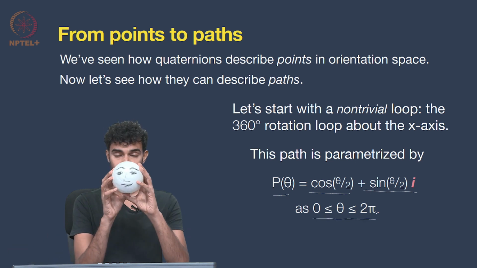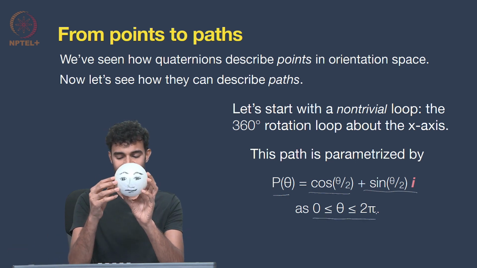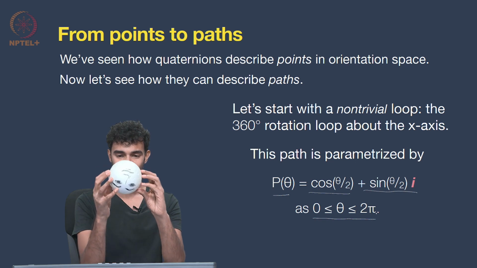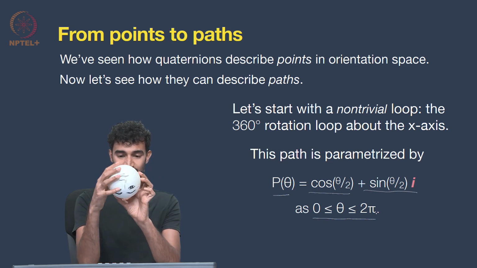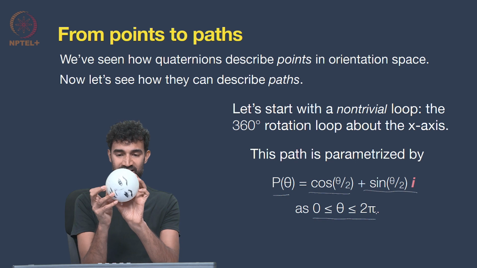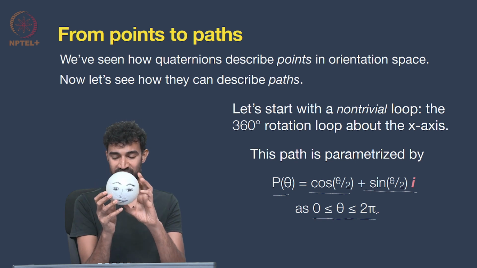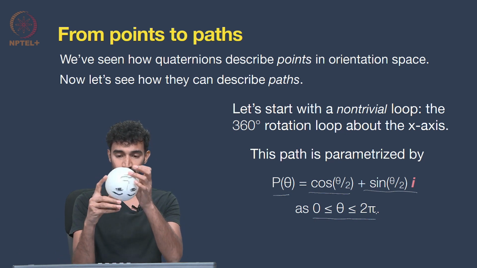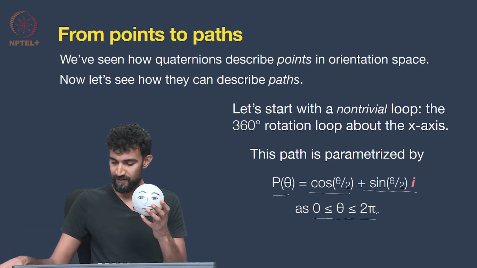So when theta is 0, we're here. When theta is, say, pi over 2, we're here. When theta is pi, we're here. Now theta is equal to 3 pi over 2. Now theta is equal to 2 pi. So as theta ranges from 0 to 2 pi, we perform this full rotation loop.